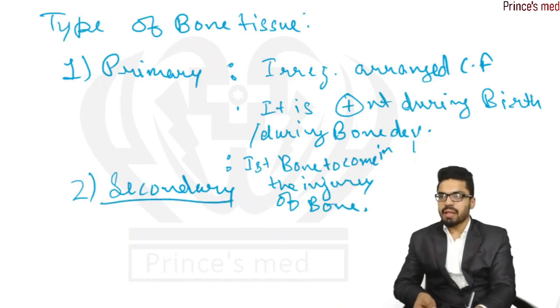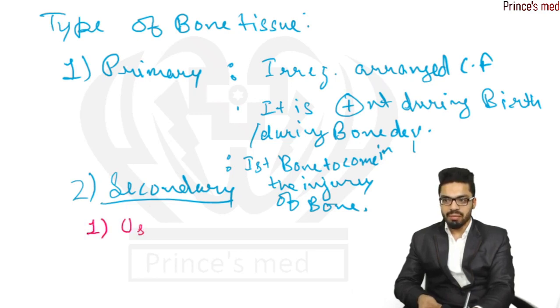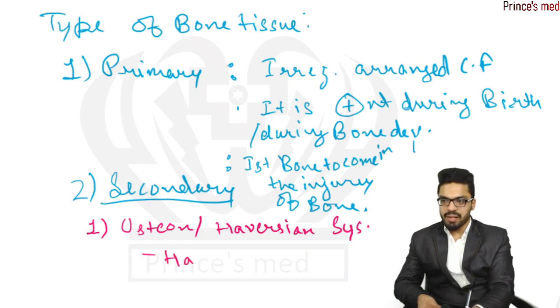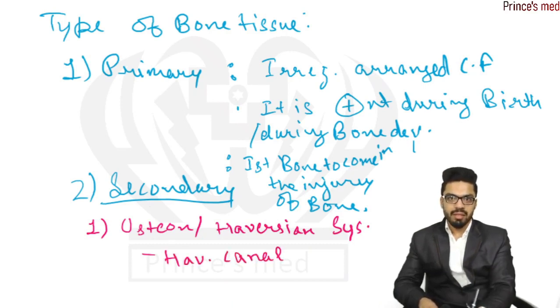Next we will see secondary bone tissue, that is, more mature bone, and it has osteon or Haversian system present. Haversian system consists of Haversian canal, which contains nerves and vessels, that is arteries and veins, and Volkmann canal.